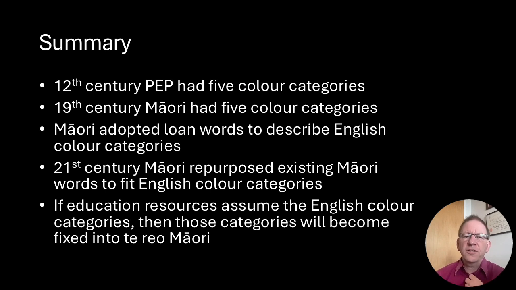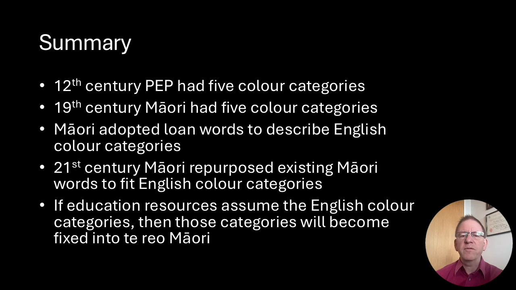Our research shows that 12th century Proto-Eastern Polynesian had 5 colour categories, and that although there was substantial language development over 700 years, the Māori language had no need to expand on those 5 categories. It shows that when Europeans arrived with the foreign 11 colour categories, Māori adopted loanwords to describe the foreign concepts.